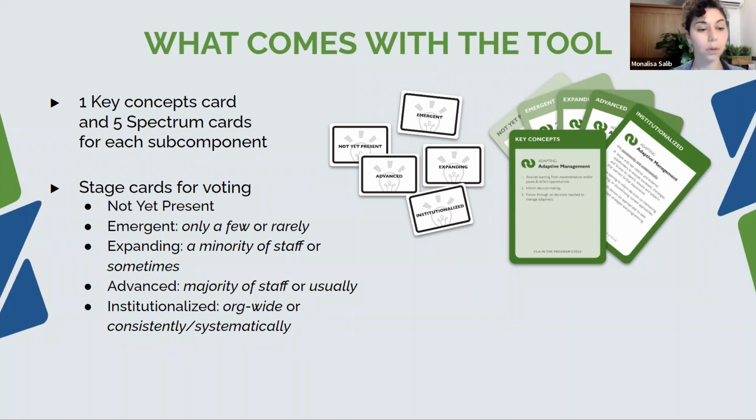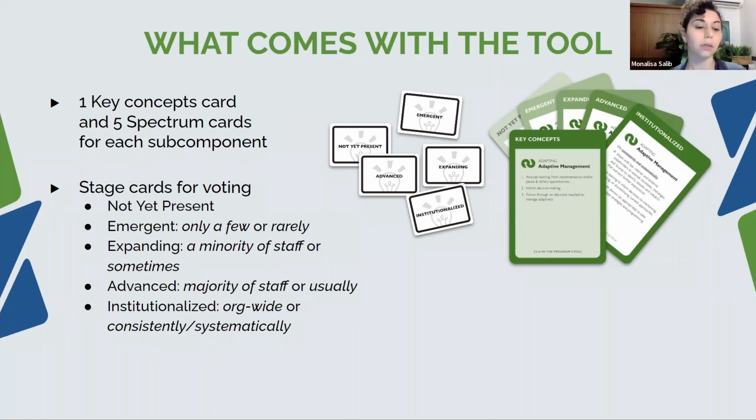And you can see, I won't go into this in detail, but in the bullets here, you can see that for the levels of maturity, generally across the whole tool, there are standards that we stuck to. So not yet present is truly, we are not doing this yet. Emergent is often, we talk about it as only a few people, or rarely we're doing this.